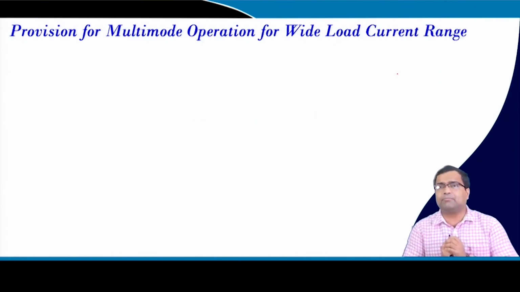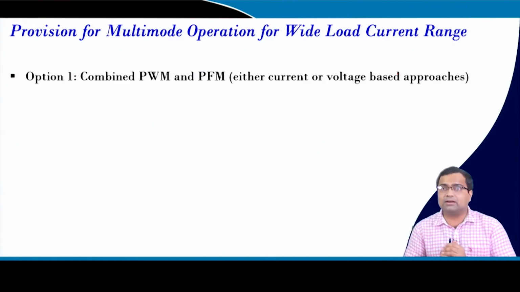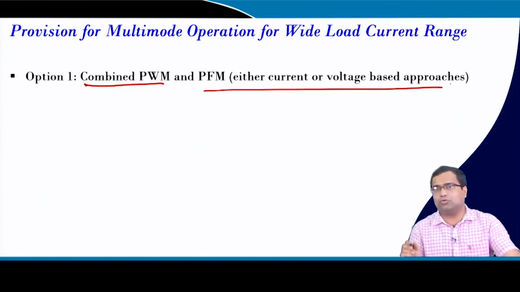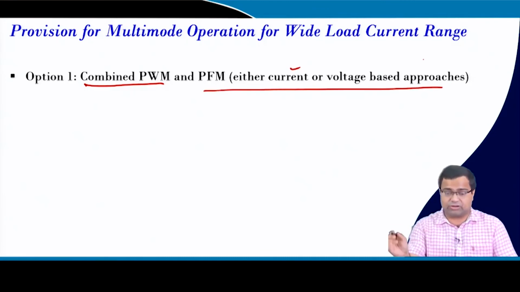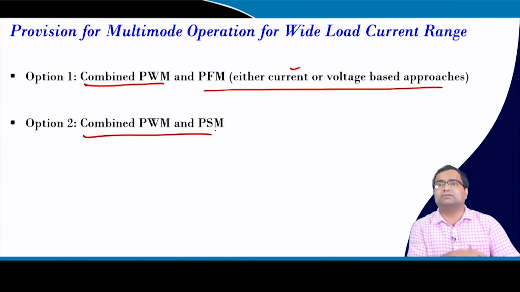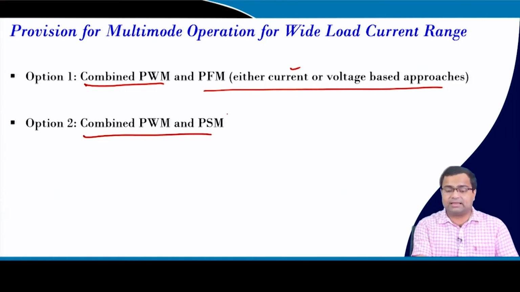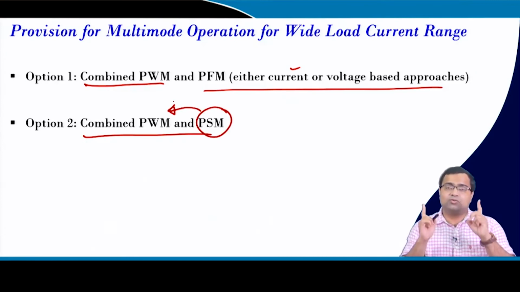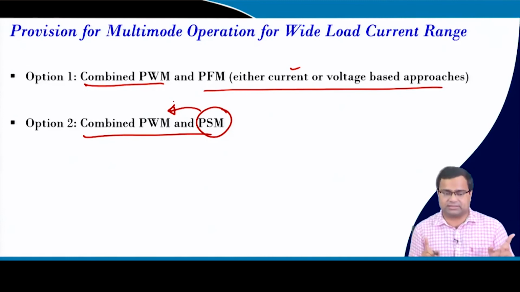Now, provision for multi-mode. If we want to consider a wide load current range, the PWM will operate at high load and PFM will operate at low load, and here you can use a current based or voltage based approach. Then combine PWM and PSM. The PSM technique is an integral part of PWM, we only have to enable the skip operation.